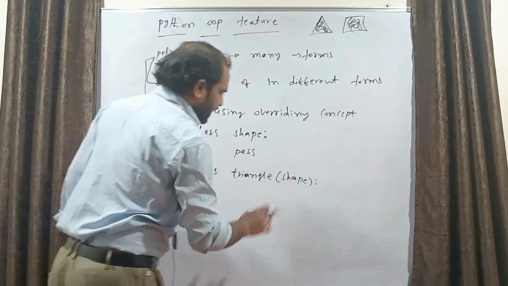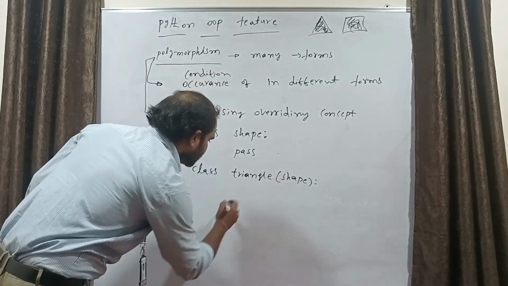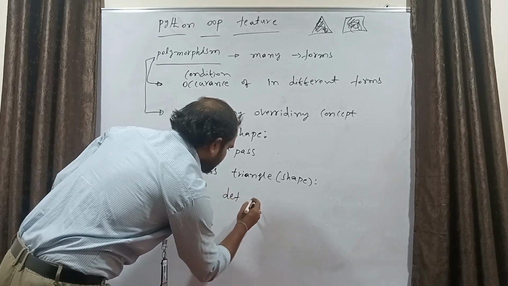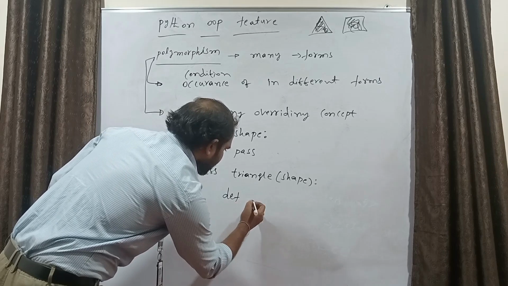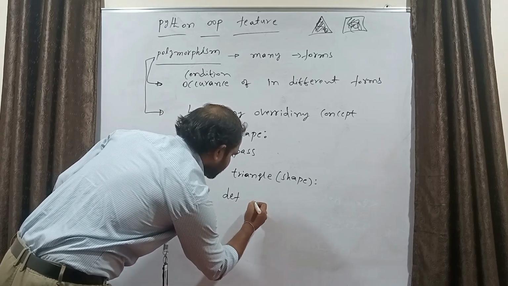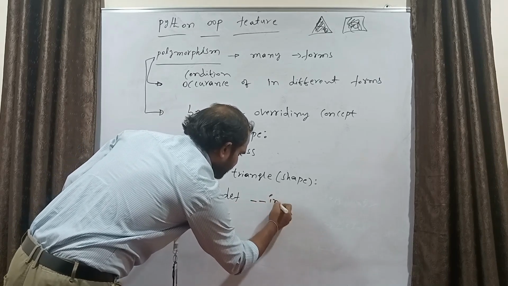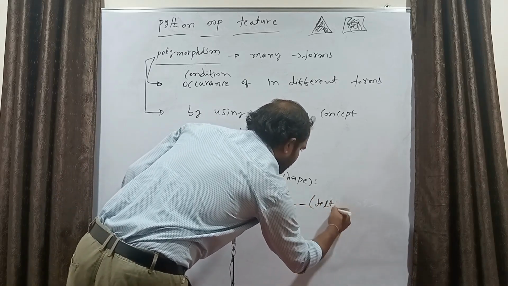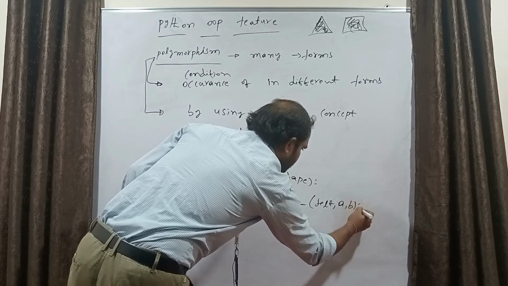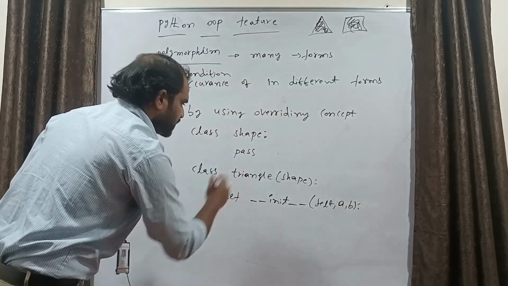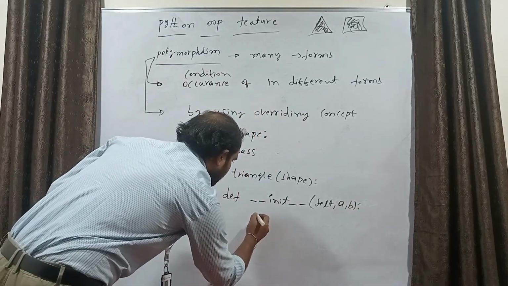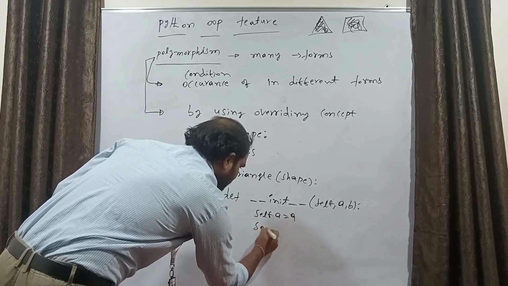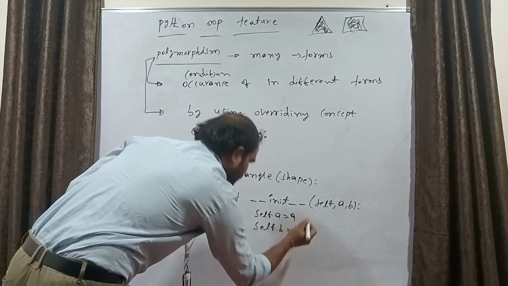After that, class Triangle(Shape). Here I will create a constructor for this class: def __init__(self, a, b). Now I will set attributes for this class: self.a = a, self.b = b.